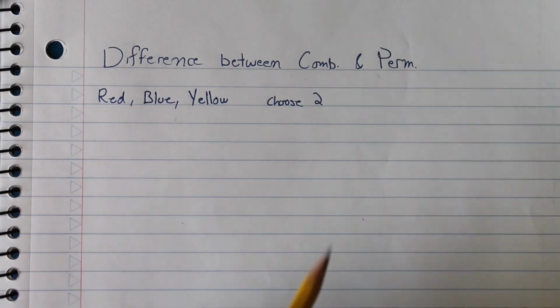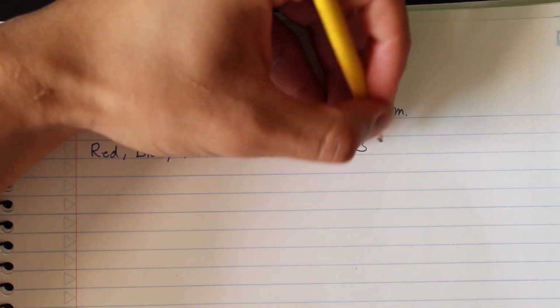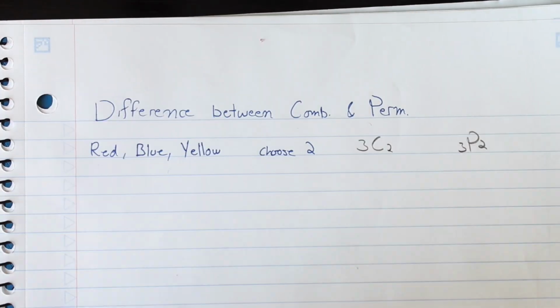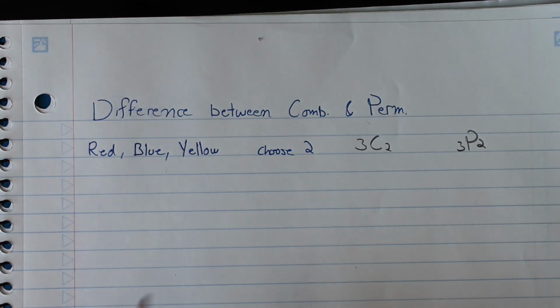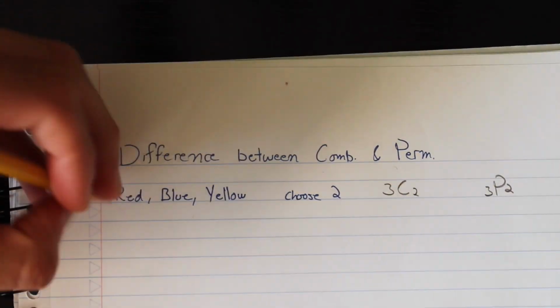So since we're going to do both of those, I'm going to write 3. We'll do combination first, 3C2. And I'm over here, I'm going to write 3P2, okay? So I'm just actually going to write this whole thing down literally so that we can see the difference between it, and so you can better understand it visually. Okay, so out of those 3, we're going to choose 2.